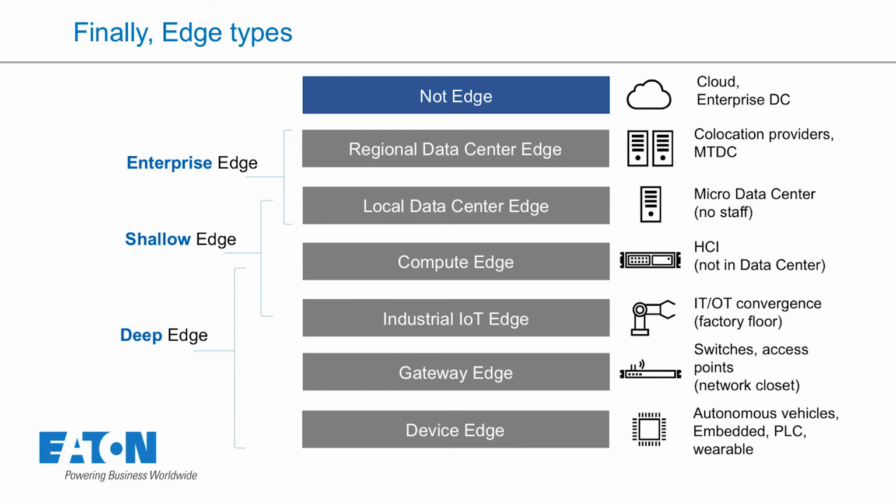We have the gateway edge. This is at the network level, okay, where you have the network switches and your access points. This is part of the network closet. Let's say you're working in your office and you have your network closet, that would be part of the gateway edge.